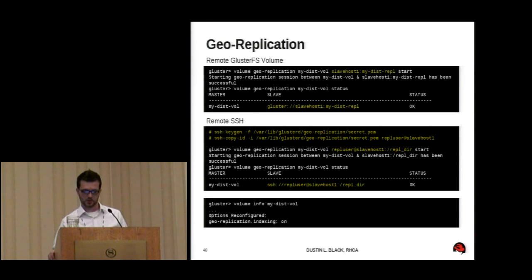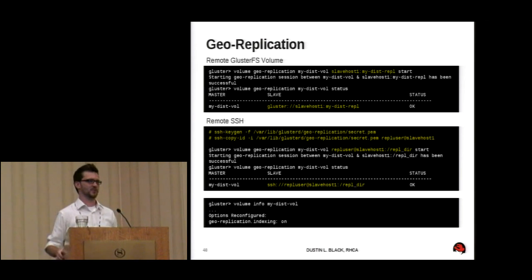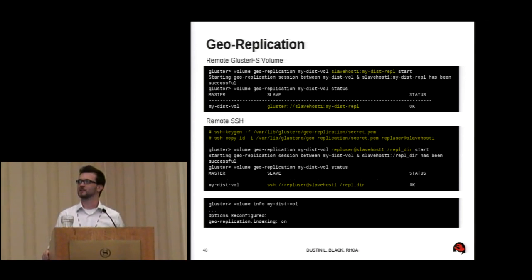So it interprets that shorthand appropriately, and you can also see in the output of the status command, it shows master volume, and it shows the slave as actually being a remote SSH share. So I can send this directly to a remote file system. Granted, if you're using Gluster to store loads and loads of data and then replicating to a remote SSH file system, what is backing up the data on your remote, what's your backend storage in that case? That's why the scenario seems kind of strange, but it's there.